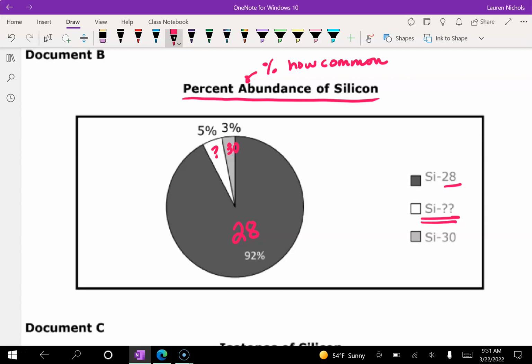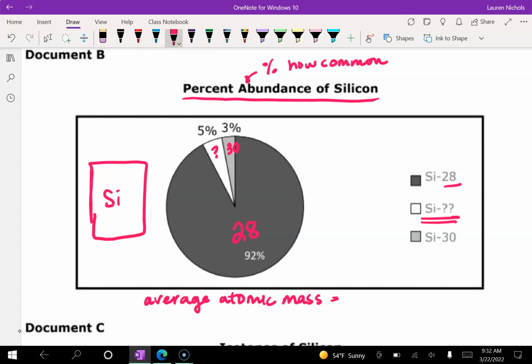Percent abundance is helpful because it allows us to calculate the average atomic mass. The average atomic mass can be found on your periodic table, and you will be given a copy of the periodic table on the gateway exam. If you look at silicon on the periodic table, silicon is number 14, and it has an average atomic mass of 28.09.